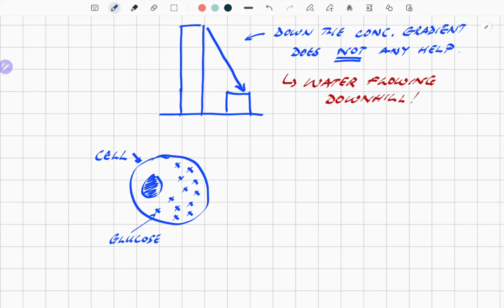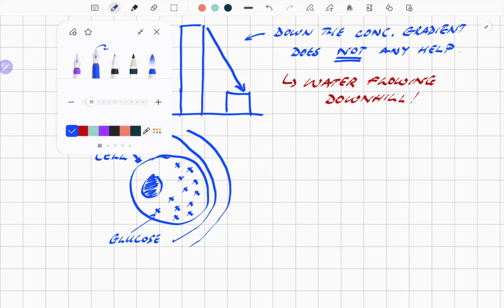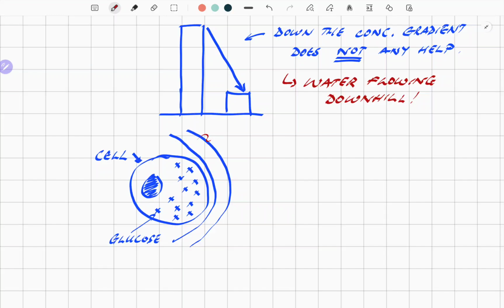And then what you have next to it is, let's say, something like this. It's not the best diagram in the world, but it'll do. So you're going to have the blood flowing through here, etc. So that's a capillary.